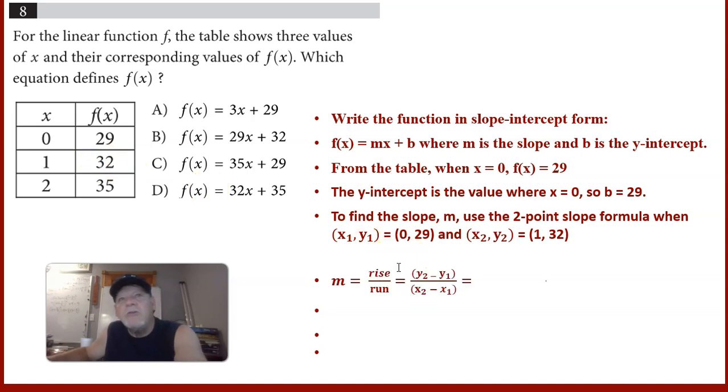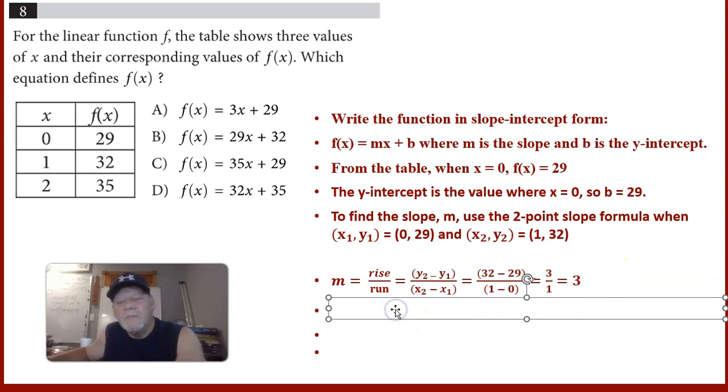Once you have that, you can use the two-point slope formula, which is the rise, I subtract the two y's, y2 minus y1, over the run, I subtract x2 minus x1. So I just go from my table and I do 32 minus 29 over 1 minus 0. And when I do that, I get 3 over 1, or 3.